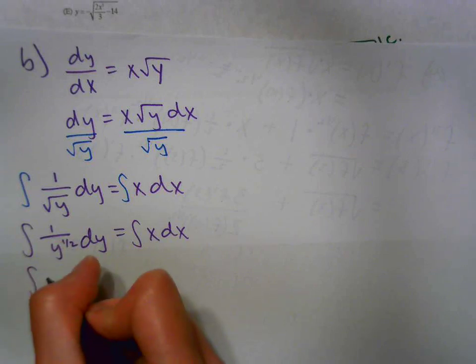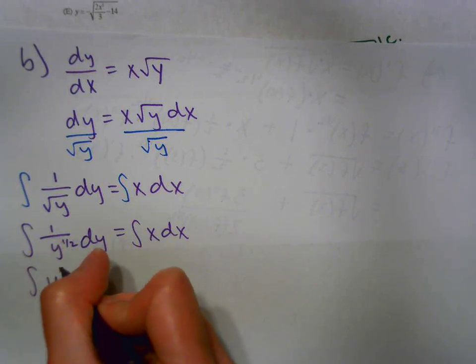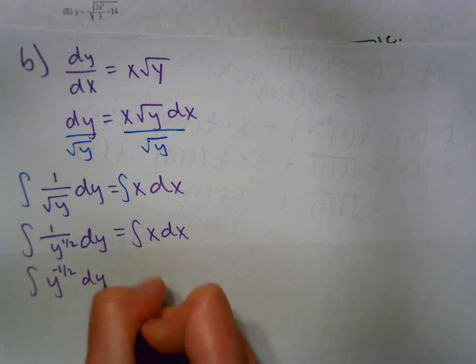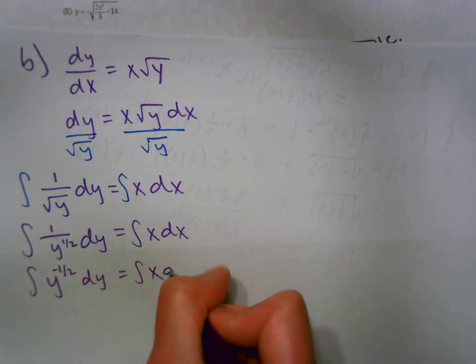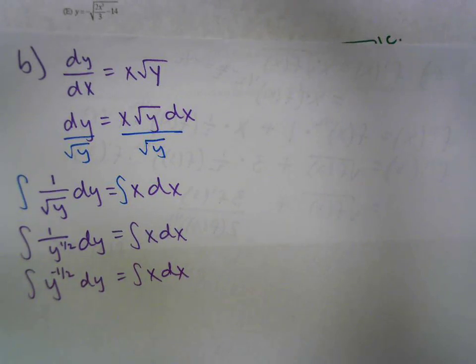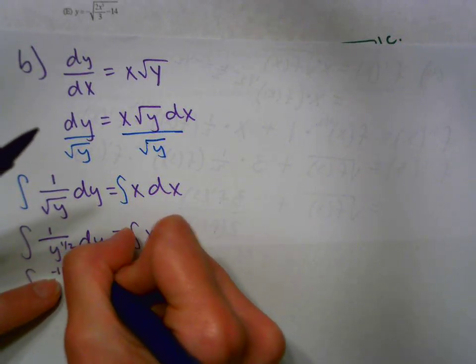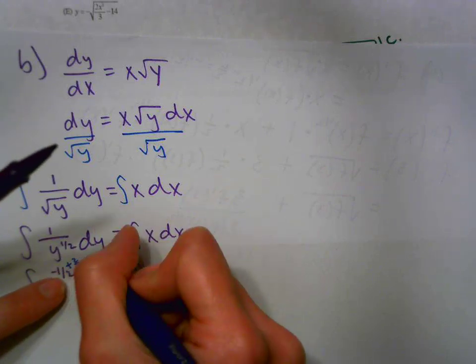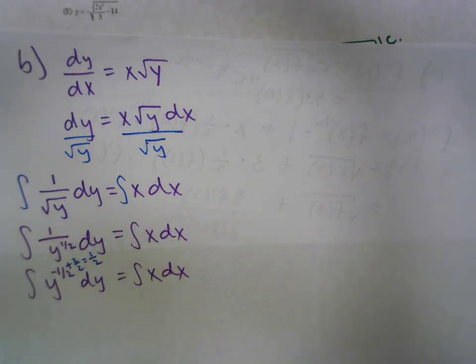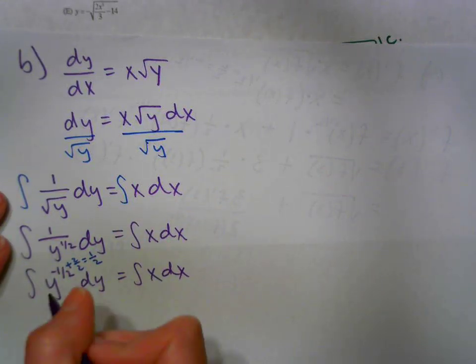So we rewrite this as the integral of y to the power of negative 1/2. Now we are ready to integrate, right? So we're going to add 1. So that's adding 2 over 2. So negative 1/2 plus 2 over 2 would be positive 1/2. And you divide by the coefficient.